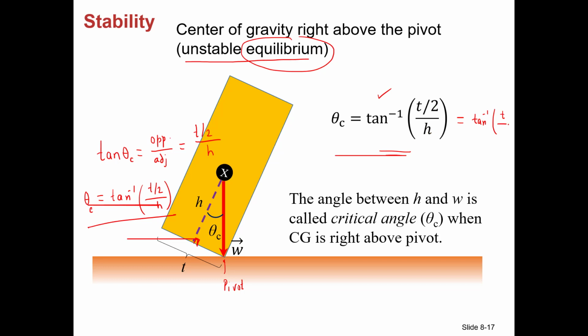So up to this angle, you can still go back to the stable equilibrium. So this is the critical angle. If the angle is even slightly greater than that, then you have an unstable condition. Okay.